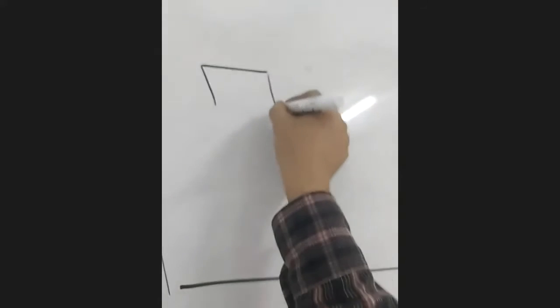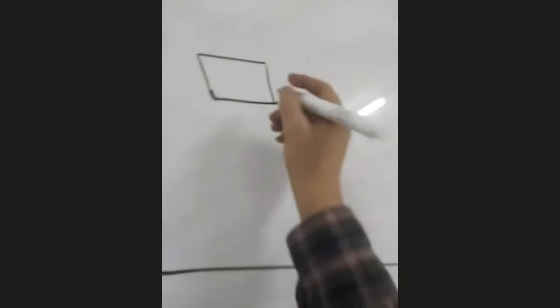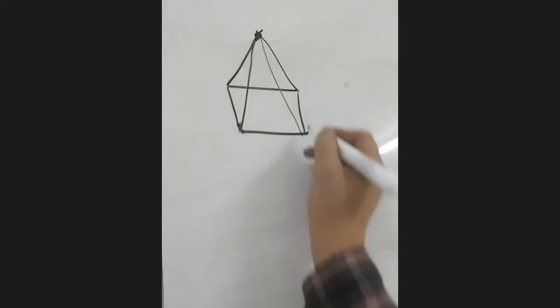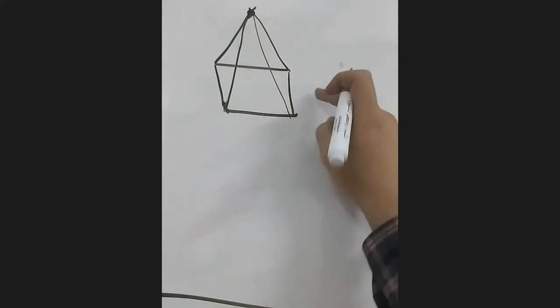Now look here, Ahmed. Look at the board. See the board, right? We have this square. This is square, right? And we have pyramid. Why do I call this square? Because this and this are the same.